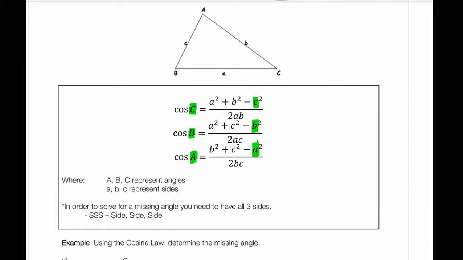And to identify when we need to use cosine law to find our missing angle, it's actually fairly easy, because we need to have all three sides in order to solve for a missing angle using the cosine law. So you need to have all three sides, or side, side, side.